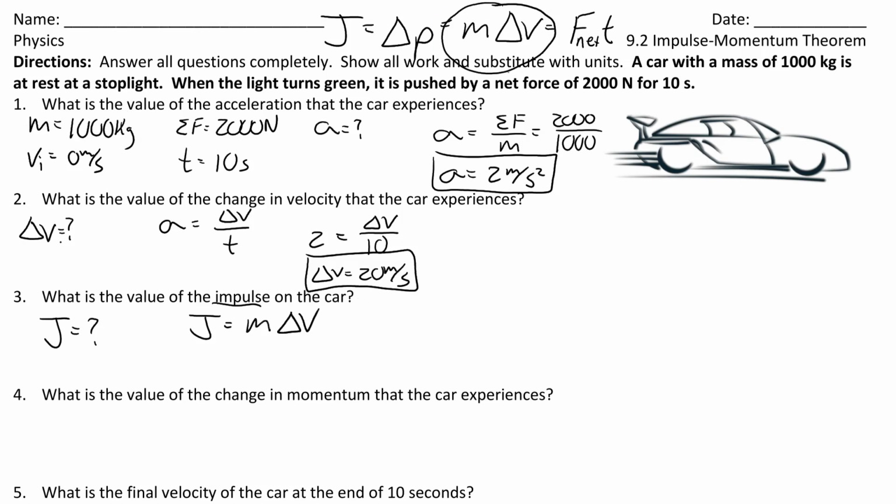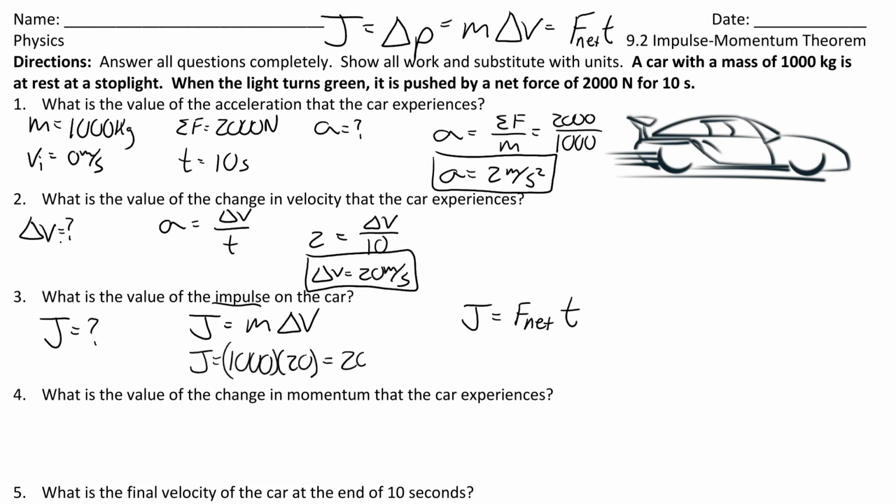There is another way we could do it. If we look for the force times the time, they tell you that it's a net force for 10 seconds. So you could actually use another equation to find the impulse. Both are valid: the net force times the time. So let's see what we get. Let's do them both, just in case some people did one way, some people did the other. So the impulse is equal to the mass, 1,000, times the change in the velocity, which is 20.